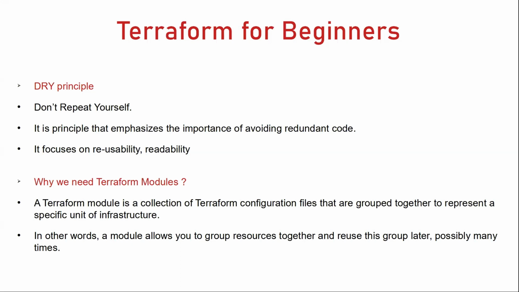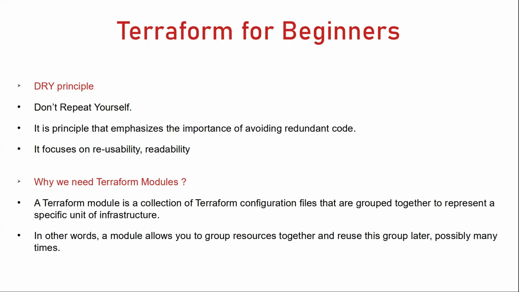In a very simple example, what I mean to say is tomorrow, if you want to create an EC2 instance, S3 bucket, VPC, subnet, etc., I'm going to create that in one module and group all those resources in that module. And later on, I will just call this module again and again in my multiple TF files, right?